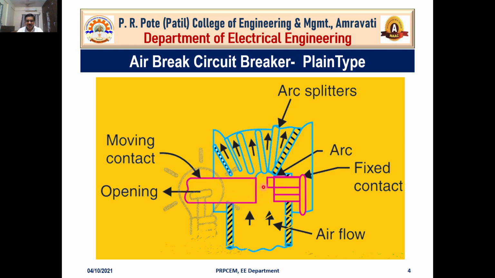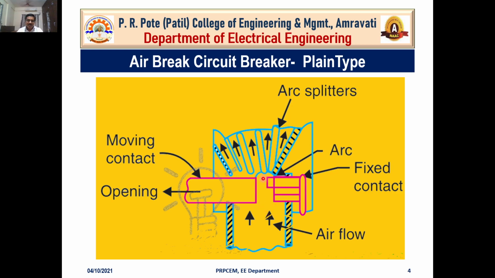Then the moving contact starts separating from the fixed contact, and in that way the voltage drop you can observe here, and this arc persists in between these two contacts.